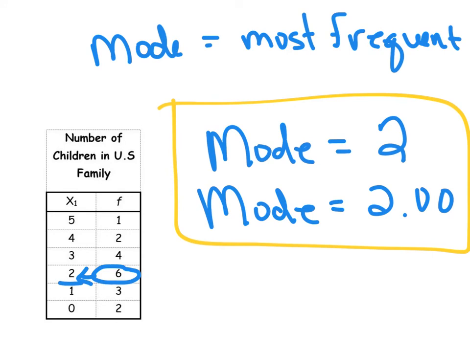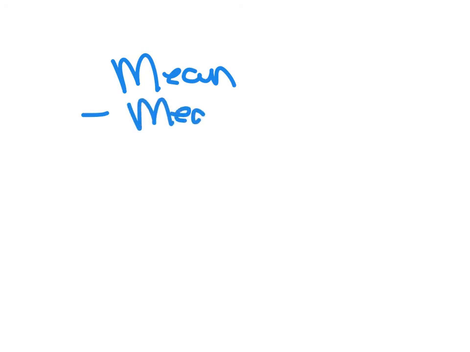Now, if you look at what would be the best measure of central tendency to report, I can observationally look at it, or I can also mathematically look at it. So if I want to do this mathematically, what I'm going to do is take the mean, and then I'm going to subtract the median from it. Okay?